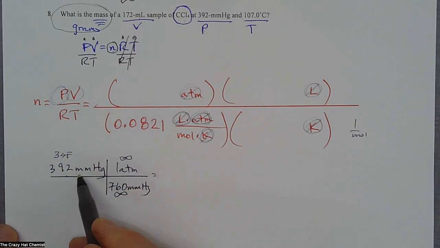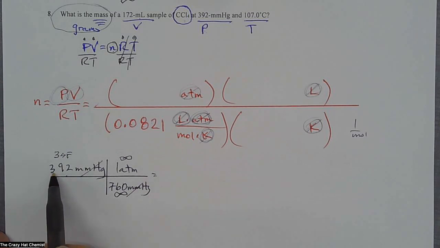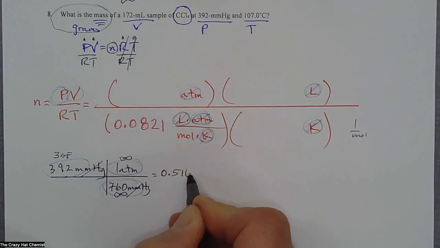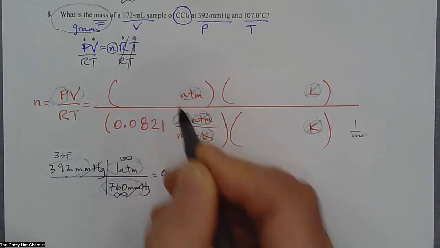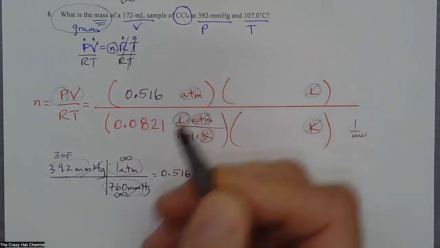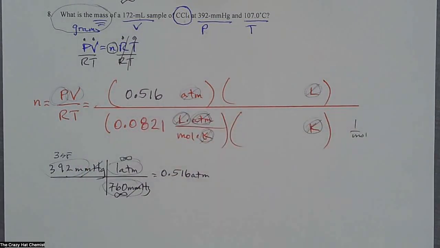So I'm going to maintain that. Millimeters of mercury cancels out. 392 times 1 divided by 760. That's going to equal 0.516 atm. And I'm going to place that right where it belongs at 0.516 atm. All right, fantastic.